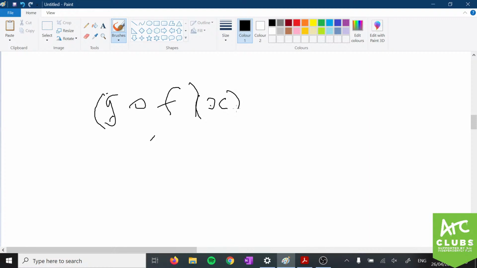Well, the definition is that it just equals g(f(x)). Yeah, that's fine. But what does f(x) equal? So f(x) was defined to be x. And so we can just substitute the f(x) with x in our equation.